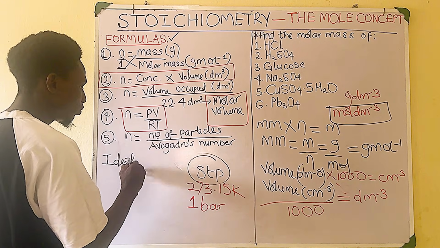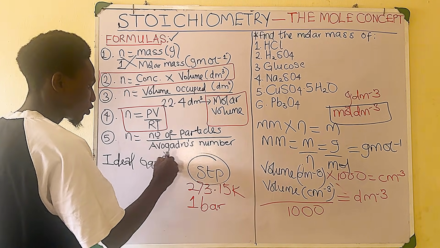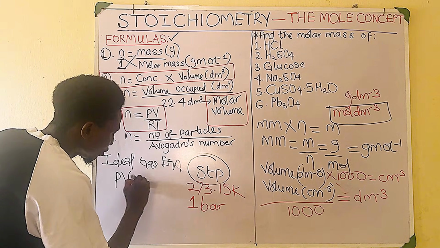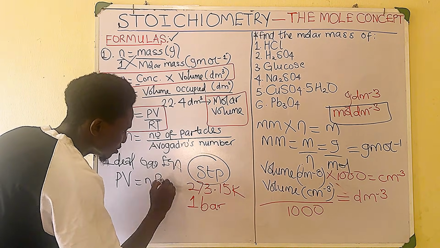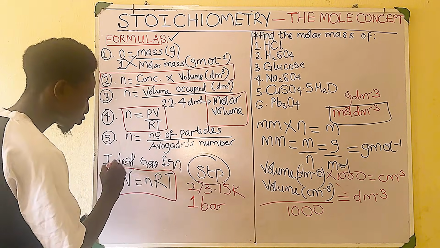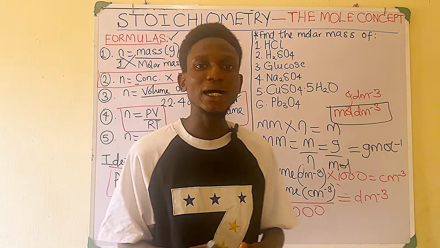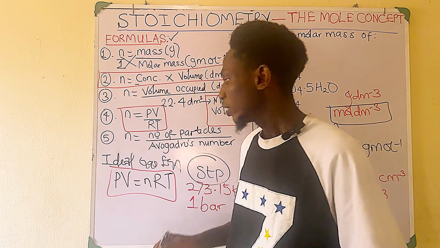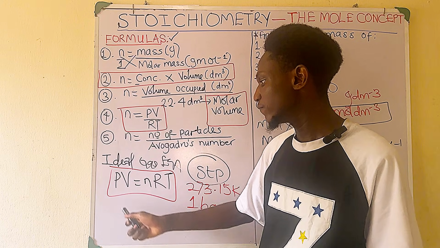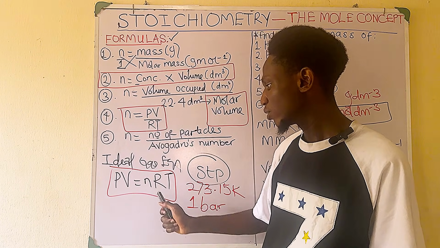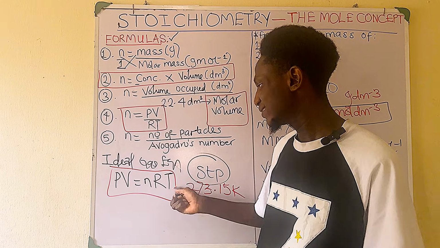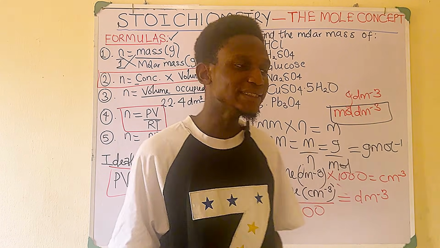The ideal gas equation states that PV equals nRT. Now, what is this ideal gas equation telling us? P is pressure, V is volume, n is number of moles, R is the gas constant, then T is temperature. So please take note of this stuff.